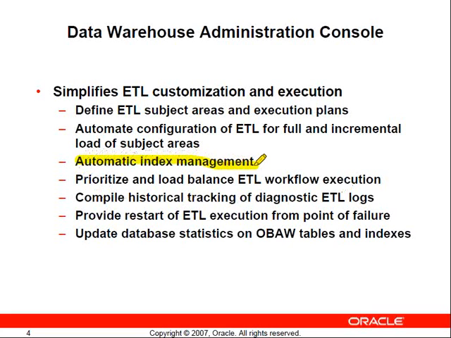What is the meaning of this one? With an index, who is going to benefit and who is going to suffer? Suppose I have an index on one target table, sir. Will the ETL team feel happy or not happy? Not happy. Why?